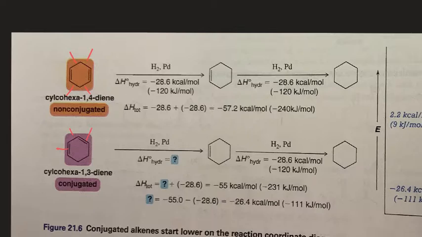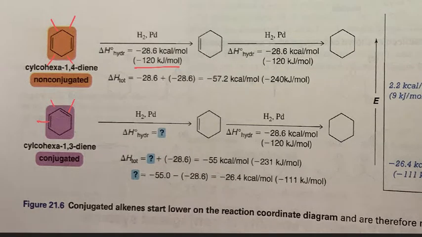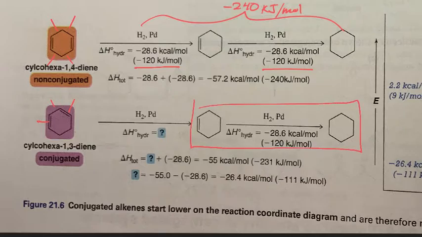And in there, the cyclohexa-1,4-diene releases 120 kilojoules per mole in the first step, and then another 120 kilojoules per mole for the second step. So in total, there's a drop of 240 kilojoules per mole. If we go from cyclohexa-1,3-diene, we know that the second step is losing 120 kilojoules per mole, but we see that the total change is 231 kilojoules per mole.